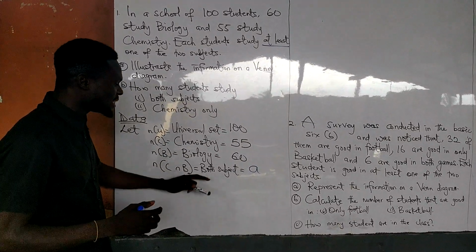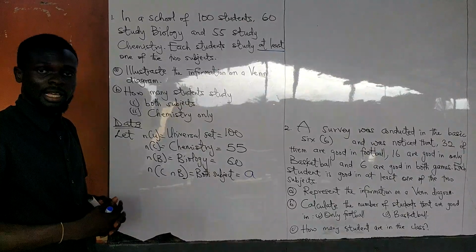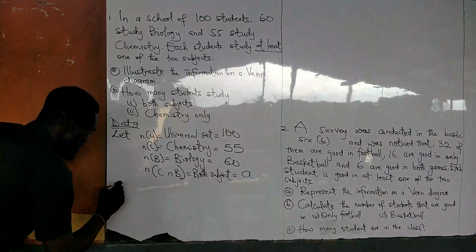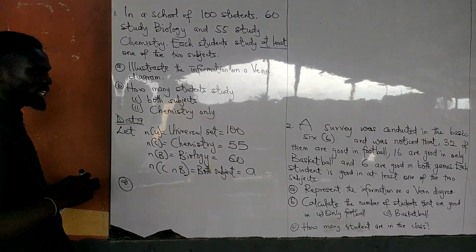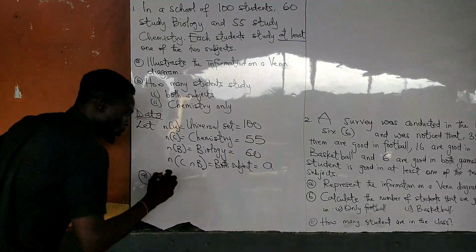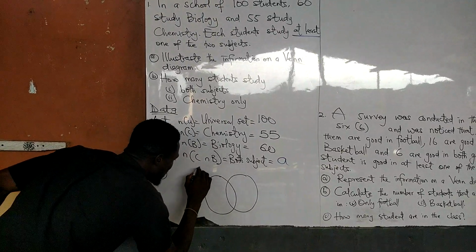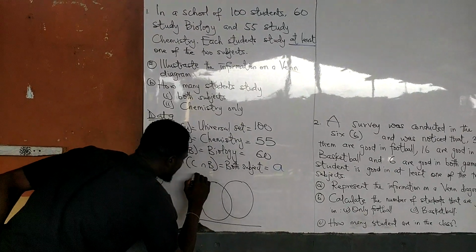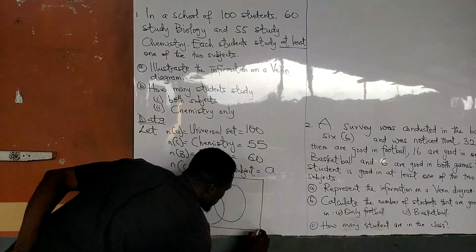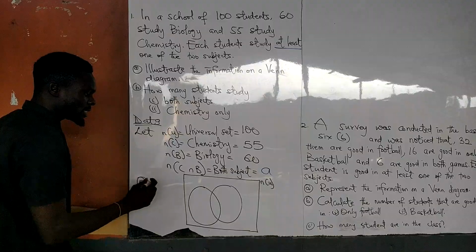Now with this data, we can draw our Venn diagram as the question is asking. A, you have to illustrate the information on a Venn diagram. And we know how to draw a Venn diagram. We need two intersecting circles in a rectangle. Then we have here U, which is the universal set.